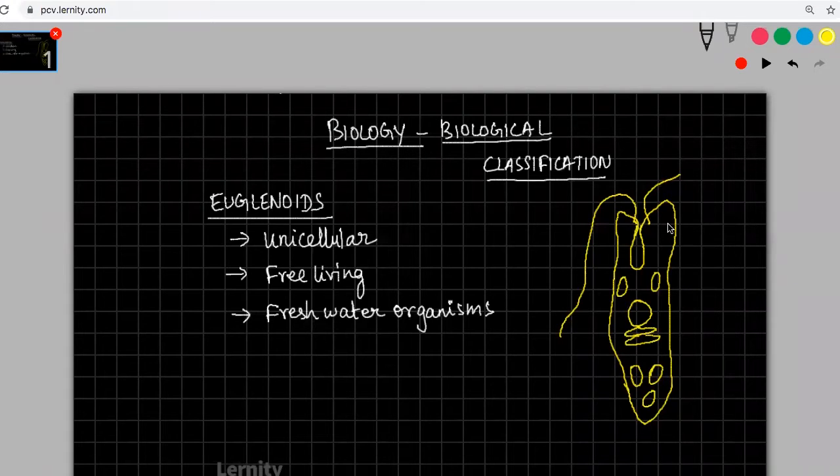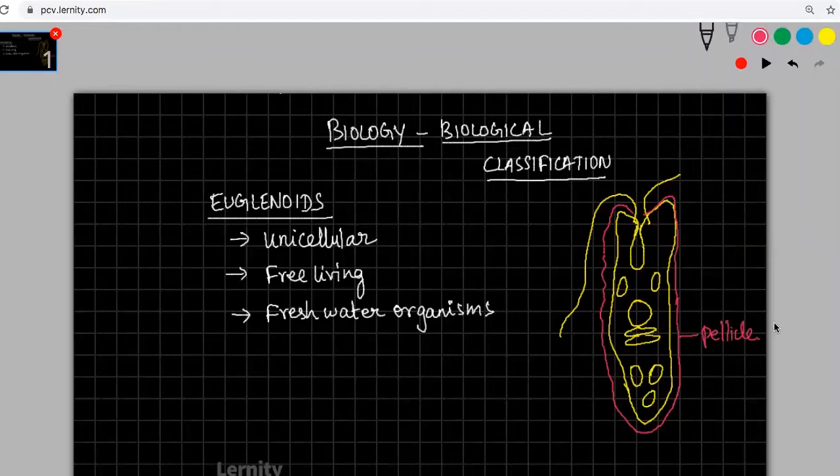One thing that they are made up of is, instead of a cell wall, there is a proteinaceous layer which is covering it. We call it the pellicle.